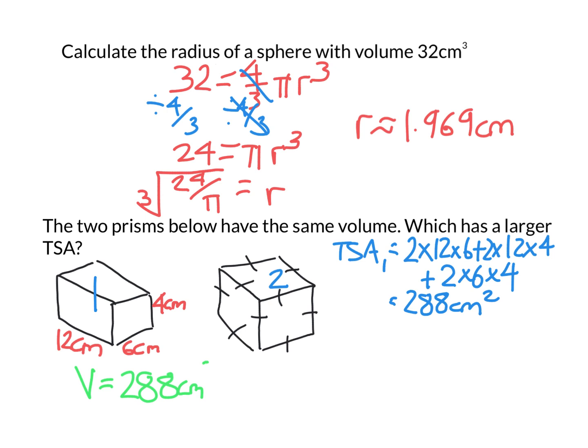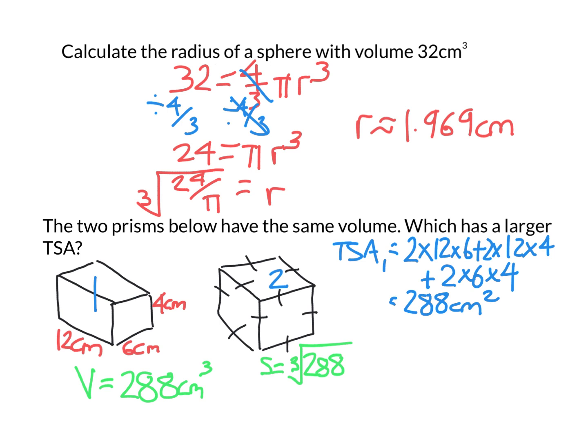So if this cube has volume 288 centimeters cubed, then its side length S is going to be the cube root of 288. Now, I don't actually want to round this because I want to use this in a subsequent step in my calculation. I'm going to use this number to find the surface area. So I'm using the exact value here. So that is the side length.